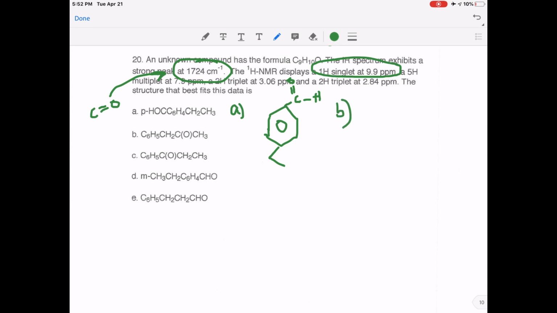For B, we have an aromatic ring, again with a substituent that has a ketone substituent.